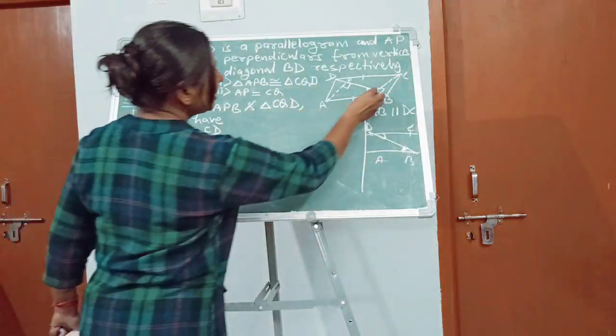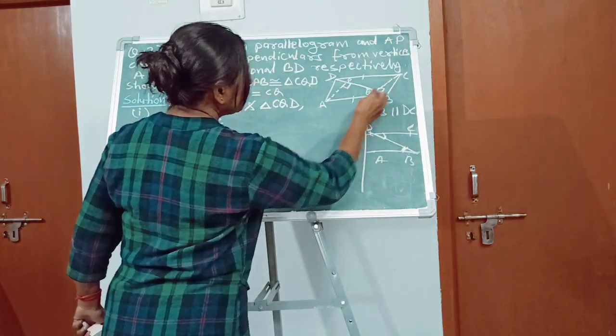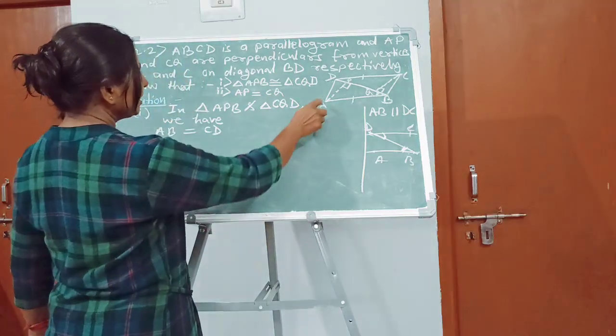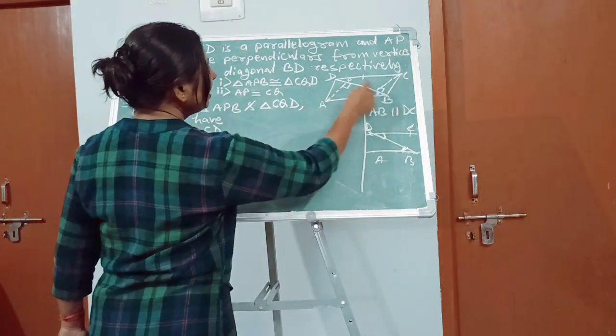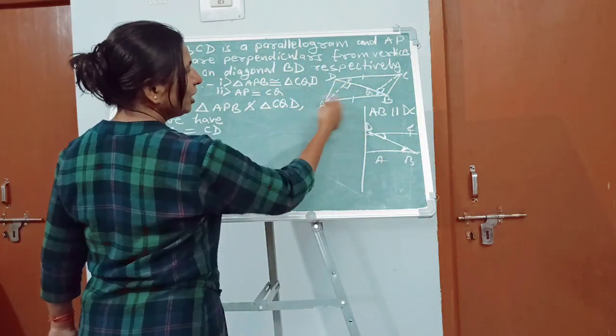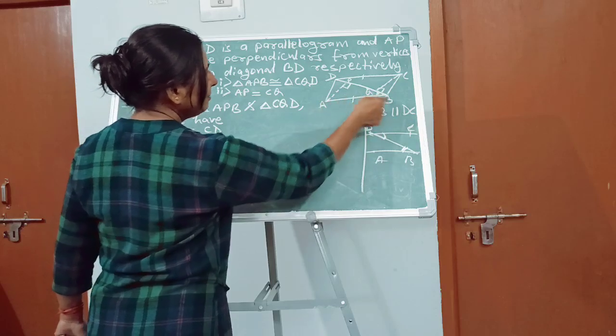So here you can see this one, which is ABD, and also you can say ABP.